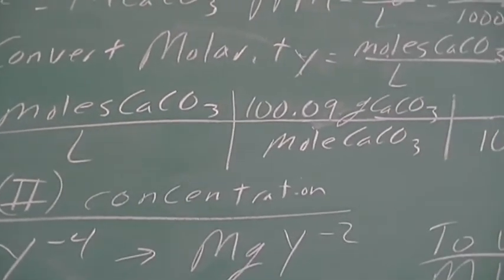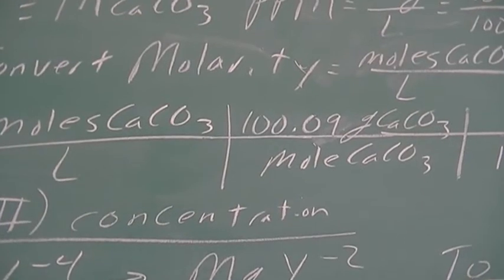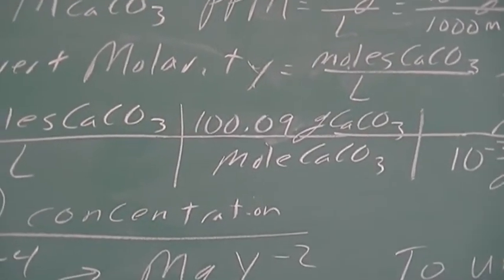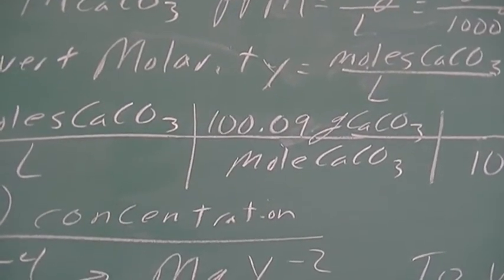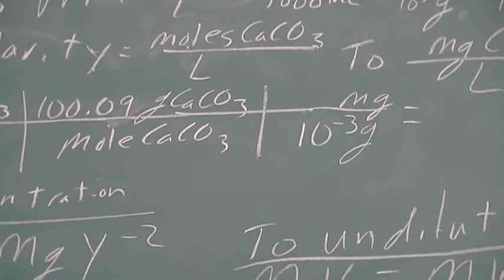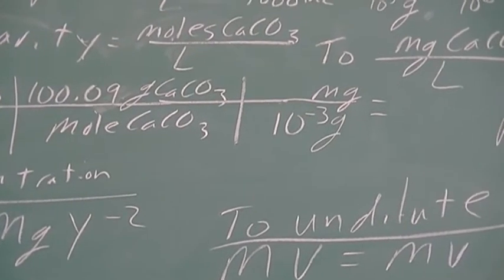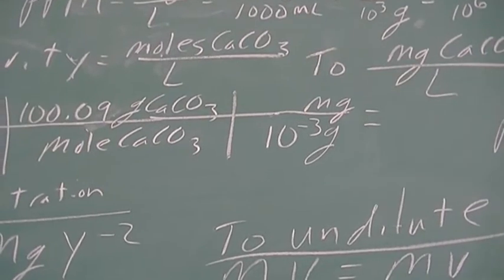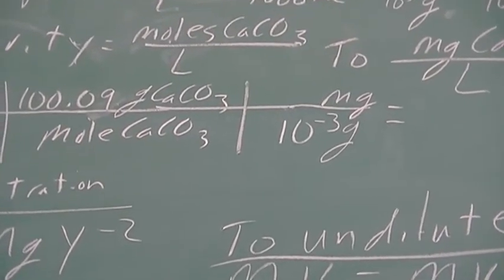So to convert from moles to grams, you get on the periodic table, find the molar mass of calcium carbonate. I did that for you. It is 100.09 grams per mole. So now we have grams of calcium carbonate per liter. We want milligrams, so we convert our grams to milligrams, and so we have to have in the denominator grams, so they cancel, and in the numerator we need milligrams, and milli is 10 to the minus third, and so you have milligrams on top, you have 10 to the minus third, which is milligrams on bottom.